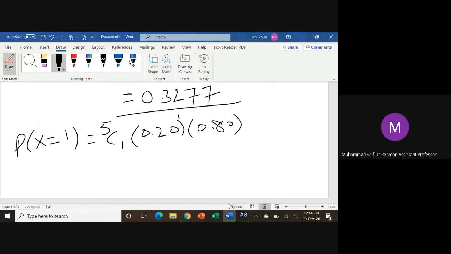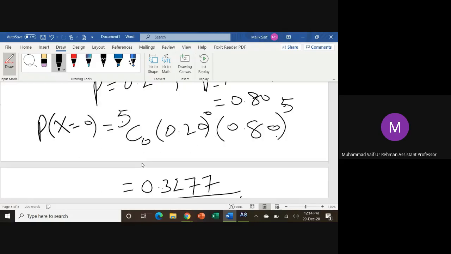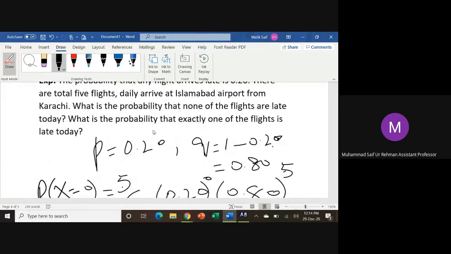You write down over here, and 5 minus 1 is 4. So when you solve it, see what is the answer. Yes, what is the answer? 0.4096.